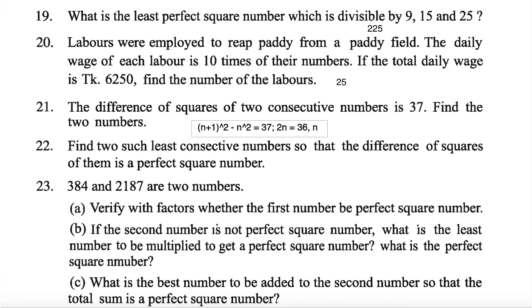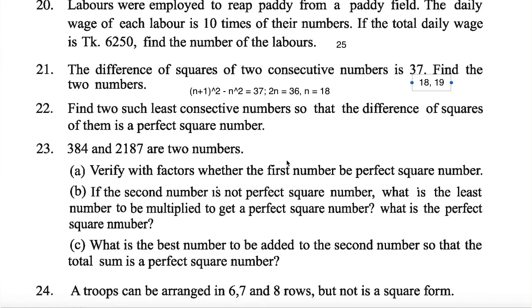What is n? n equals 18. So the numbers are 18 and 19. 19 squared minus 18 squared must give you 37. That you have to cross-check again: 19 squared minus 18 squared is 37. So this is correct.